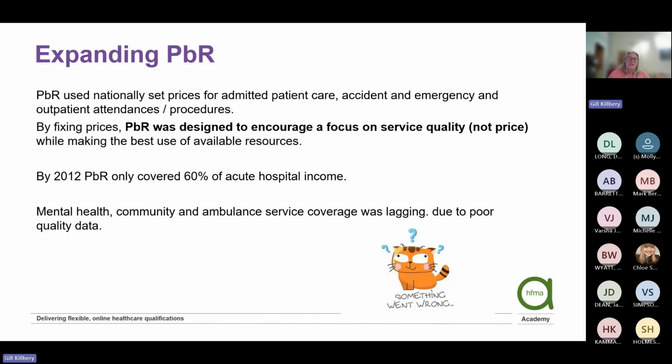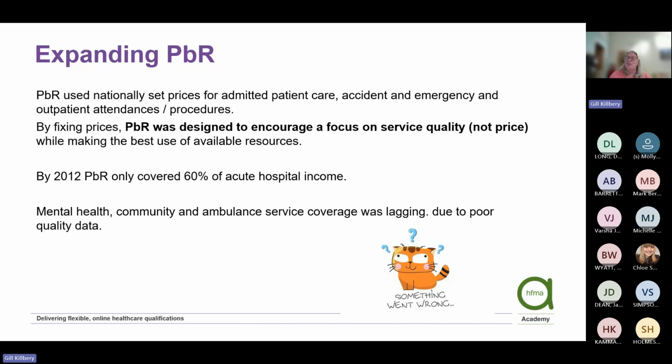The thing about those sort of activities and those sort of providers, the mental health community, it's not always simple to judge what activity is going on with a particular patient. It happens out in the community. It's not in a nice ward where they could get access to a computer potentially to record what they're doing. A lot of the data is collected manually, which meant it's difficult to consolidate quickly.